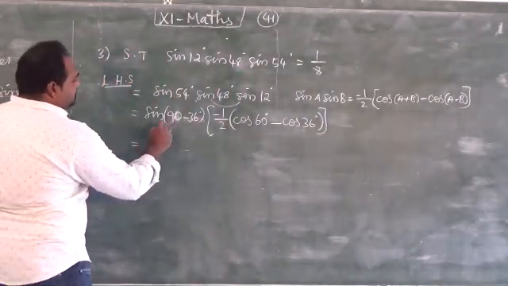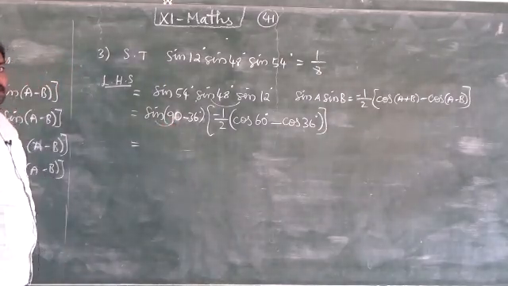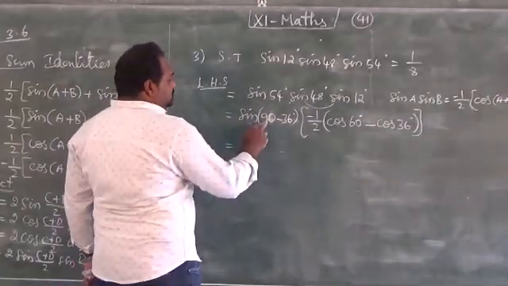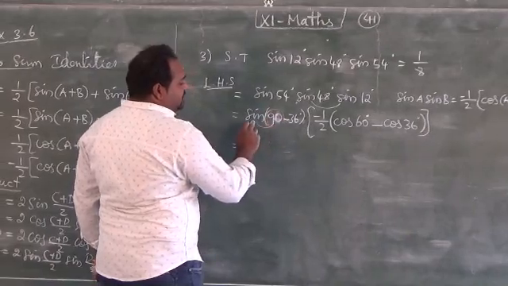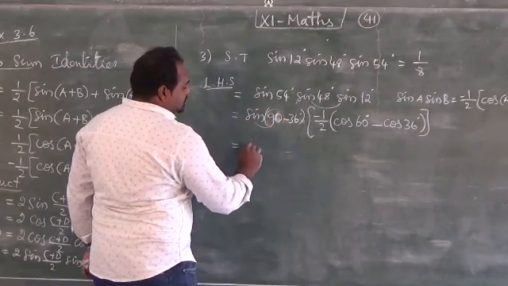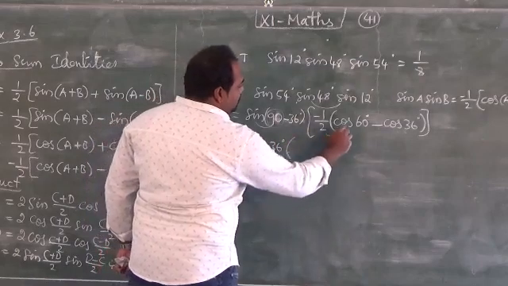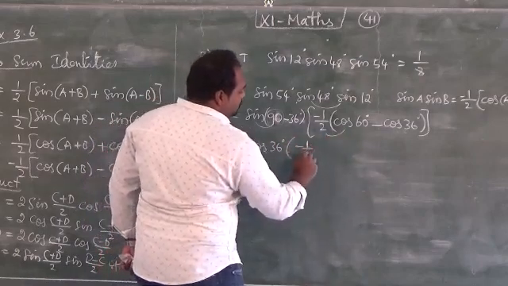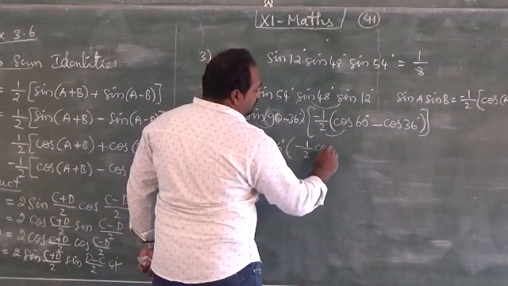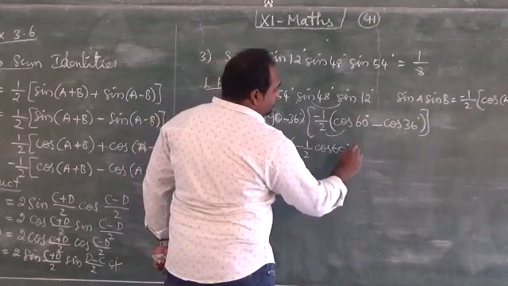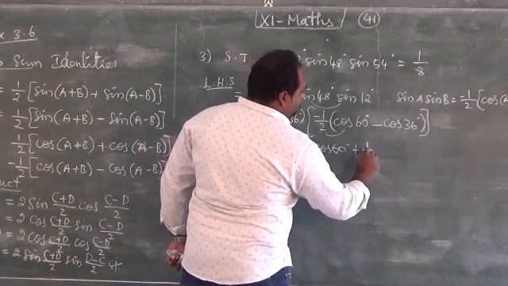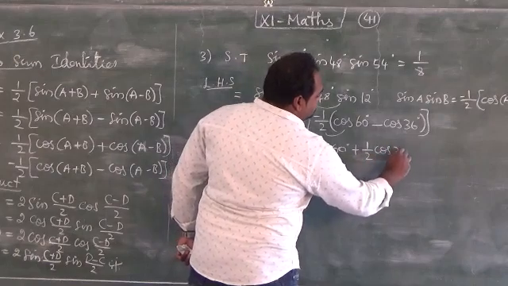Now sin (90 minus theta), it is first quadrant, all are positive. Because of 90, we have to change the ratio into cos, so it is cos 36 degree into, if you multiply inside, minus 1 by 2 cos 60 degree, minus into minus plus 1 by 2 cos 36 degree.